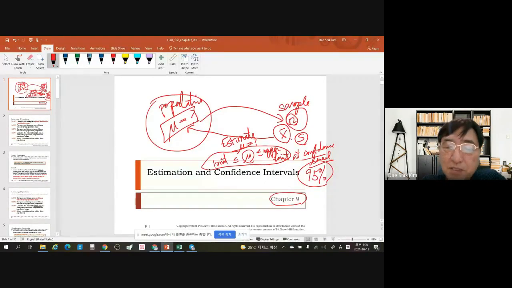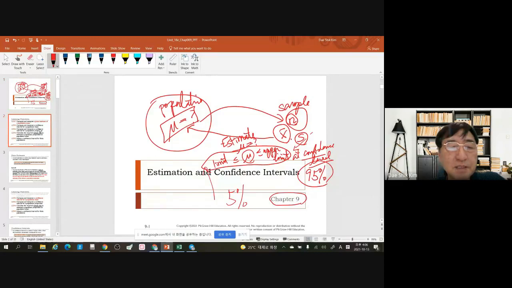So it means the population mean may be lower than the lower limit or bigger than the upper limit. That percentage is 5%, and 5% could be error. At 95% we will be correct. The population mean may exist between that interval. There are two things.